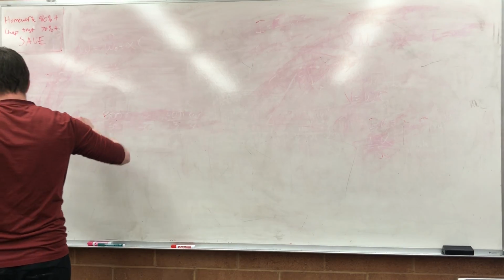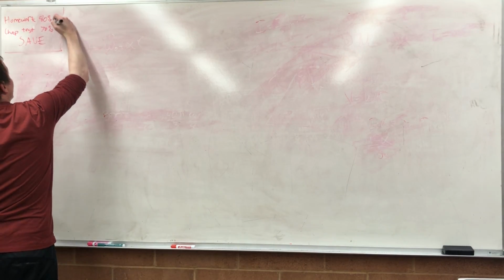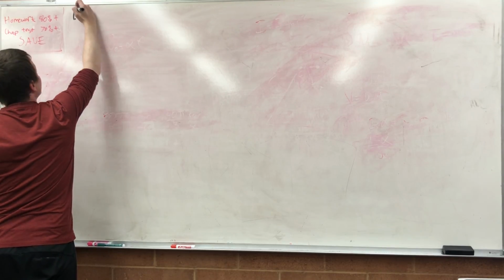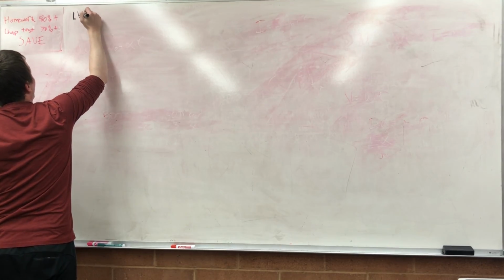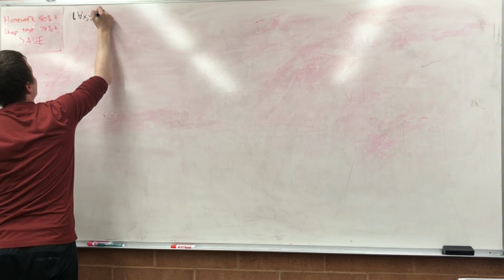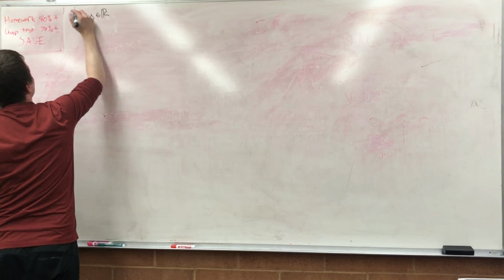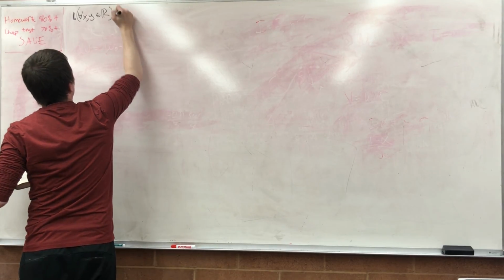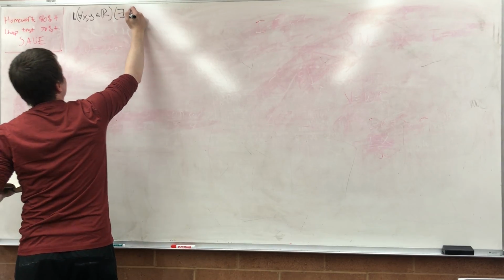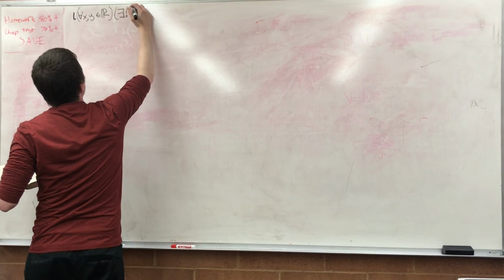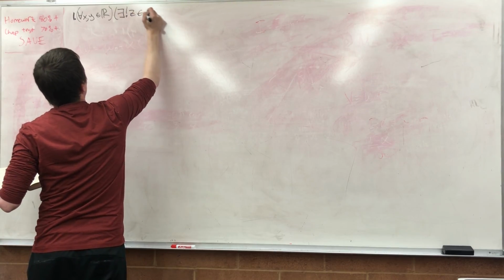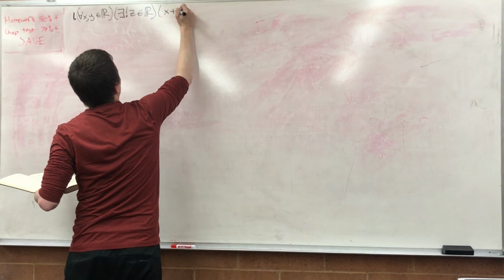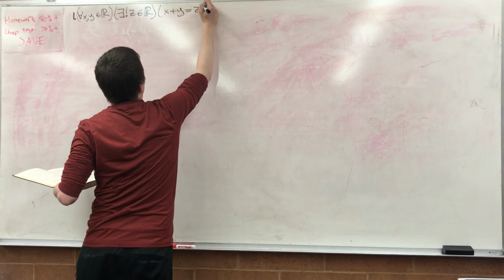The author starts by saying that for all x and y, for any two real numbers, there exists a unique number z in the real numbers such that x plus y is equal to z.